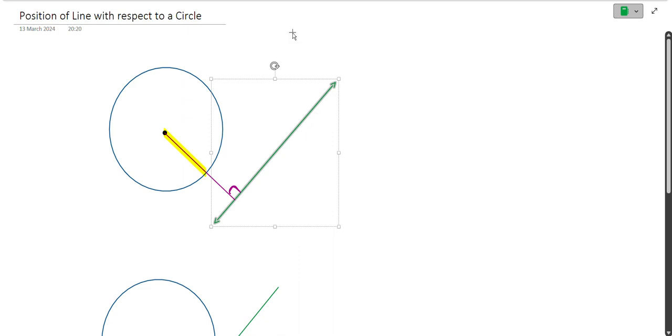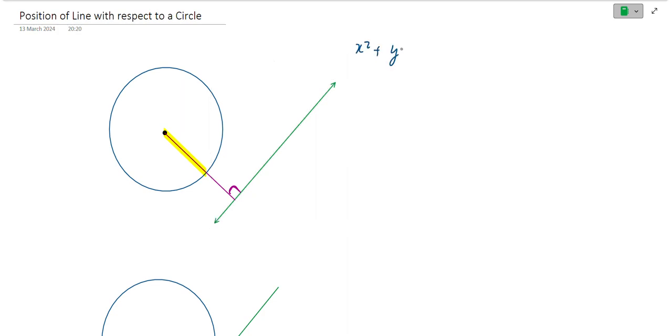Let us assume that the circle equation is x square plus y square plus 2gx plus 2fy plus c is equal to 0. From this circle equation, I can find the center.